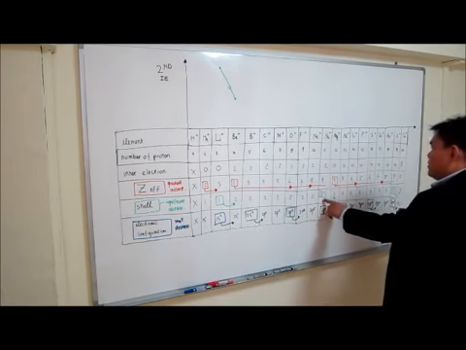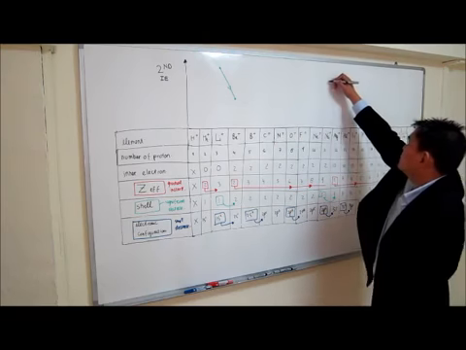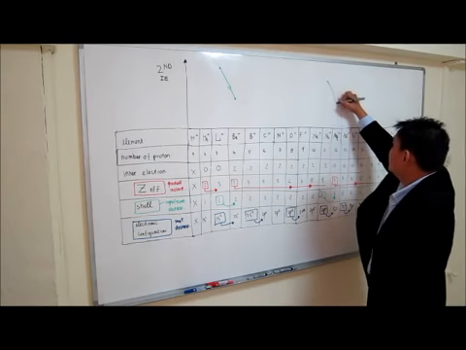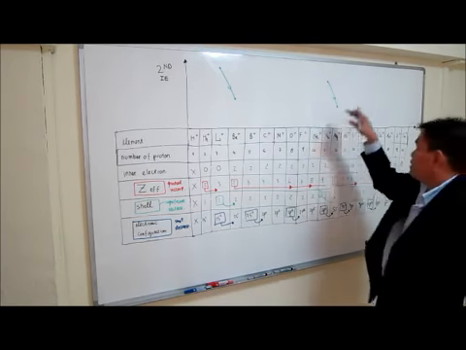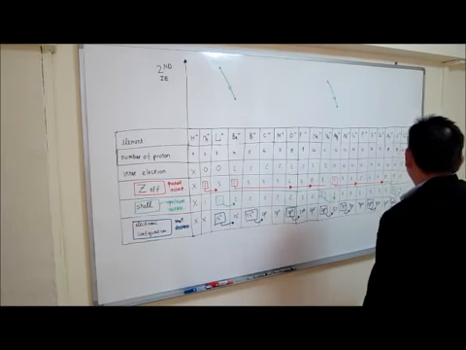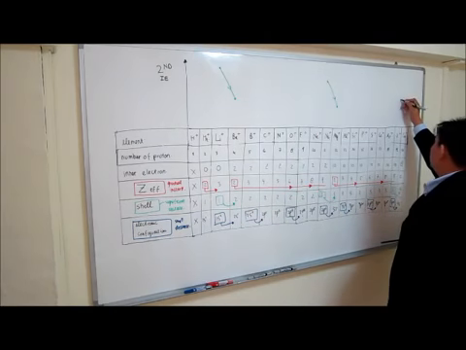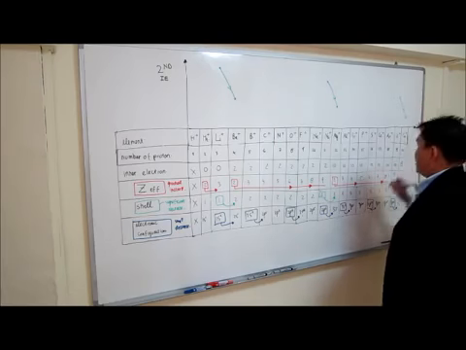Similar things happen from Na plus to Mg plus. Also a significant decrease, so we see that the gradient is very sharp downwards. Also from K plus to Ca plus.